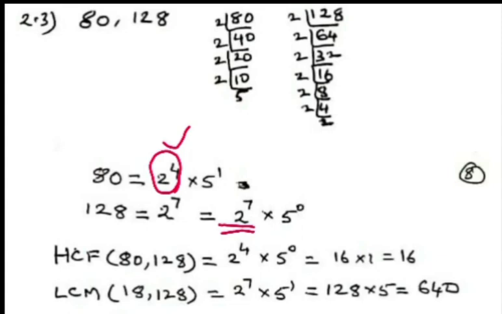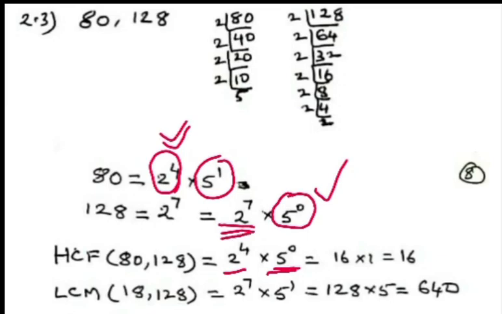So 2 power 4, and for 5 power 1 and 5 power 0, 5 power 0 is the least one. So for HCF we consider 2 power 4 and 5 power 0. The prime numbers with the minimum powers are considered for HCF.